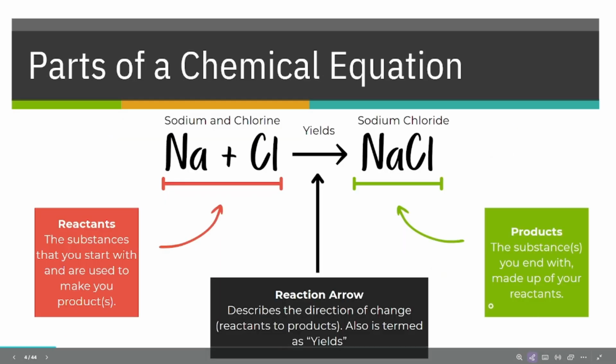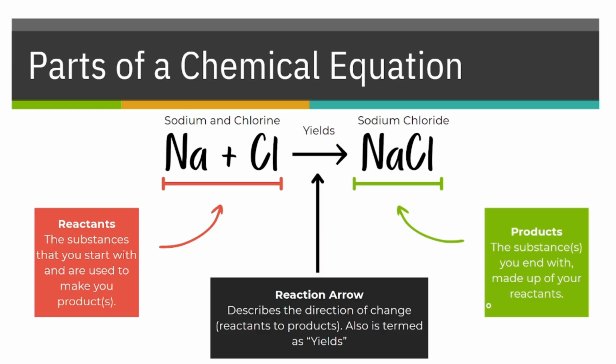Okay, this slide is really just emphasizing the three components that we've looked at so far. We have looked at our products, our reaction arrow, as well as our reactants. So, in a situation where we're making a compound known as sodium chloride, your table salt that you commonly season your food with, we recognize that it did not start as a full-blown compound.